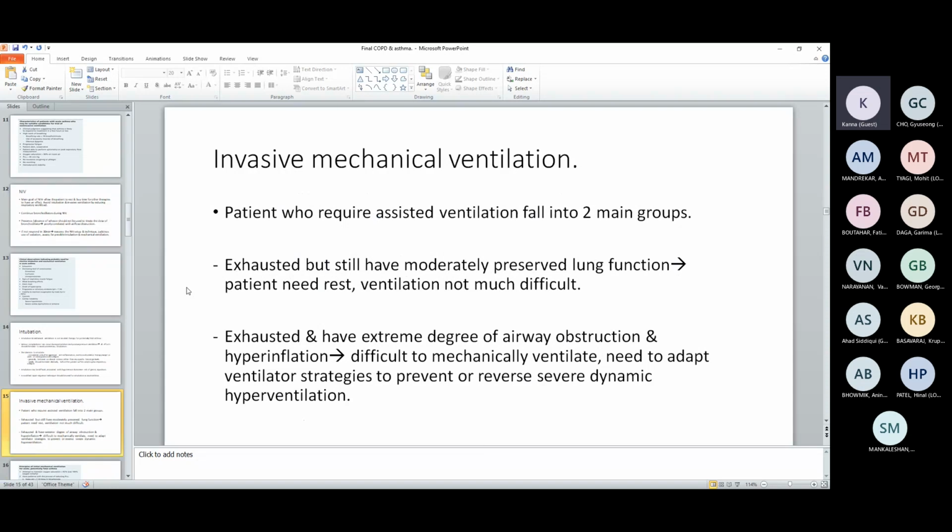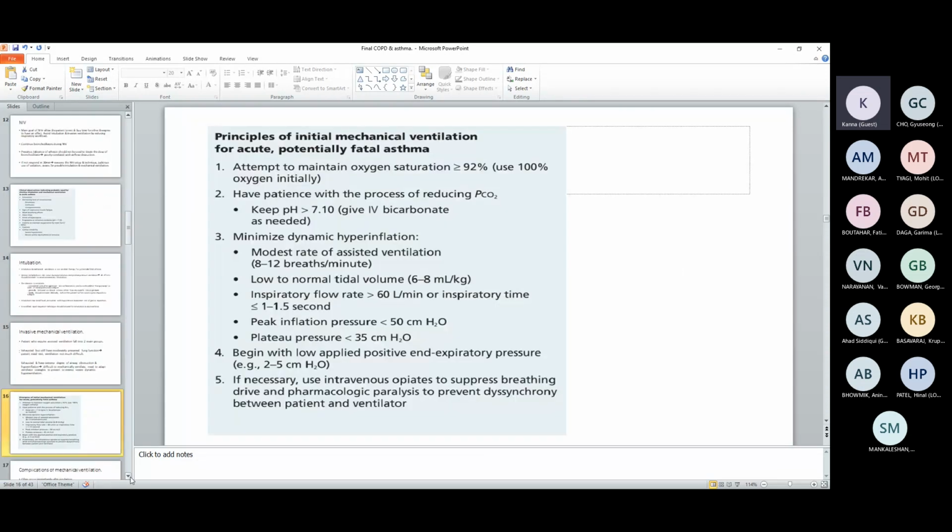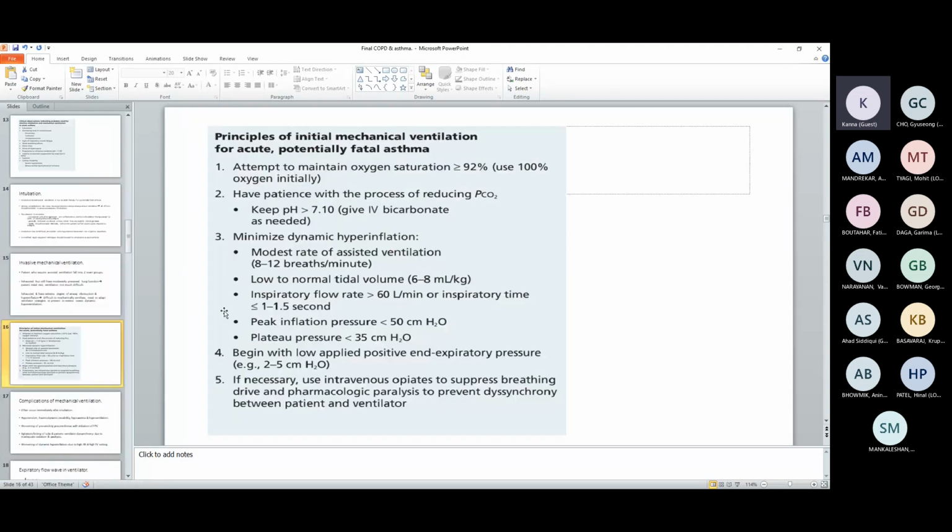On the other hand, some patients are exhausted and have an extreme degree of airway obstruction and hyperinflation of the chest. In these patients, ventilation will be really difficult, and we need to adopt special ventilatory strategies to prevent severe dynamic hyperinflation. These are the initial ventilatory strategies that we need to practice when doing mechanical ventilation.